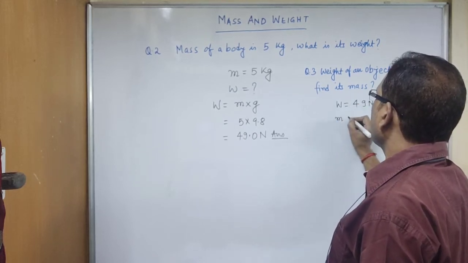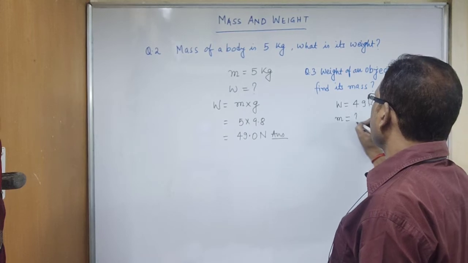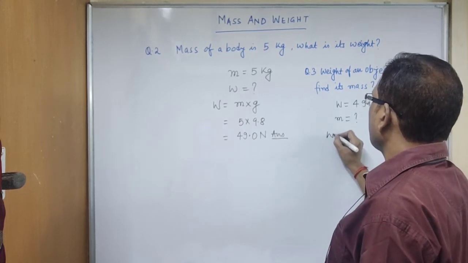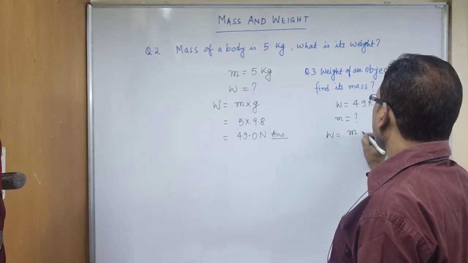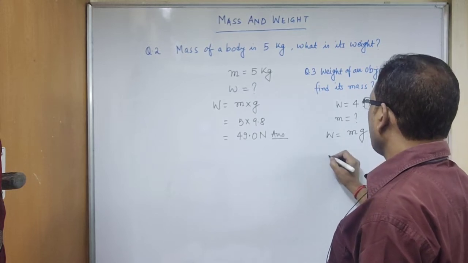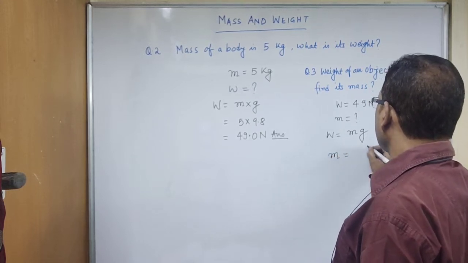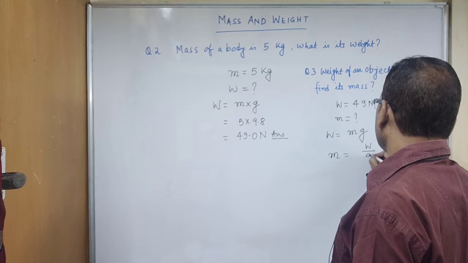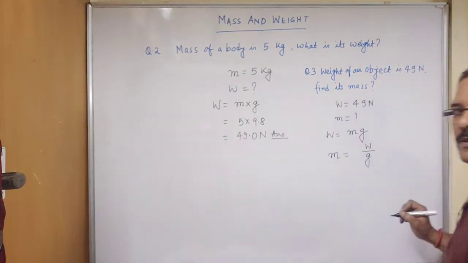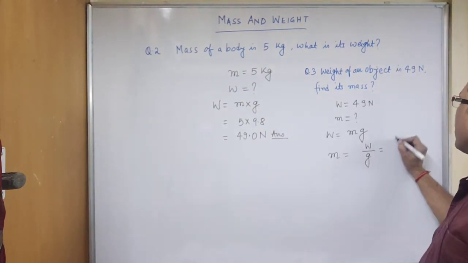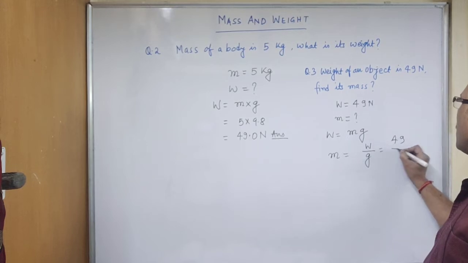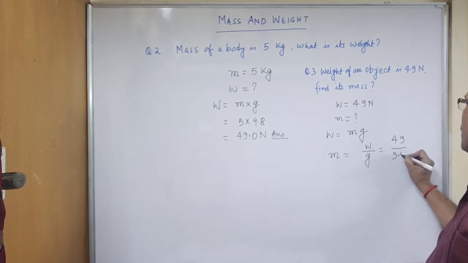You have to calculate mass. So we will write weight is equal to m into g. Therefore, mass m is equal to weight by acceleration due to gravity, weight by g, and weight is 49 divided by 9.8.